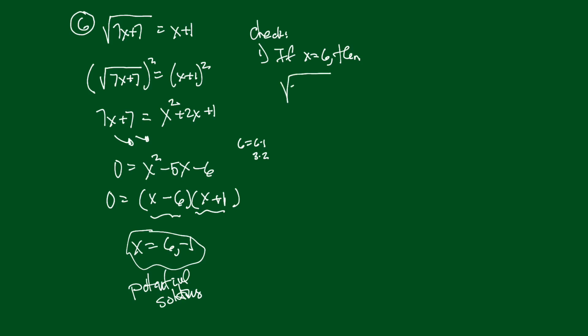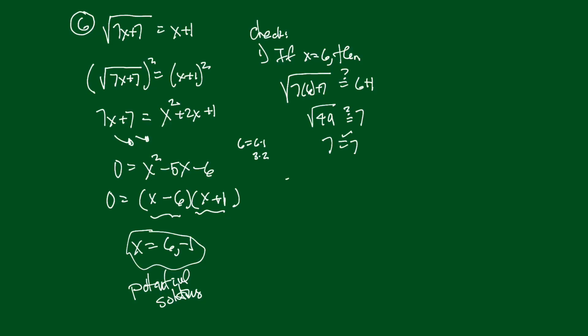Square root of 7 times 6 plus 7, is that equal to 6 plus 1? Well, on the left side, 7 times 6 is 42, plus 7 is 49. Is that equal to 7? 7 equals 7. Looks like it works. All right? So 6 is okay. We'll count that as a solution.